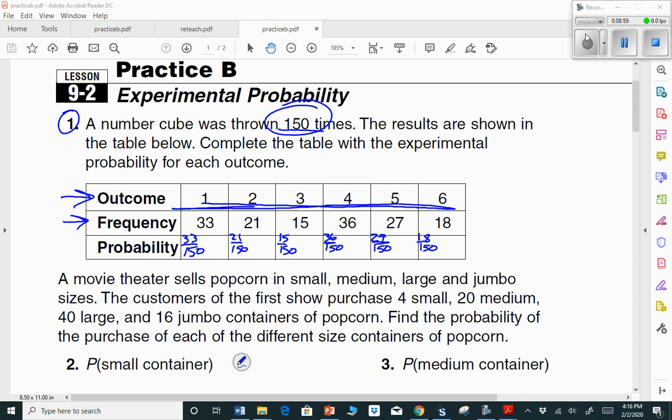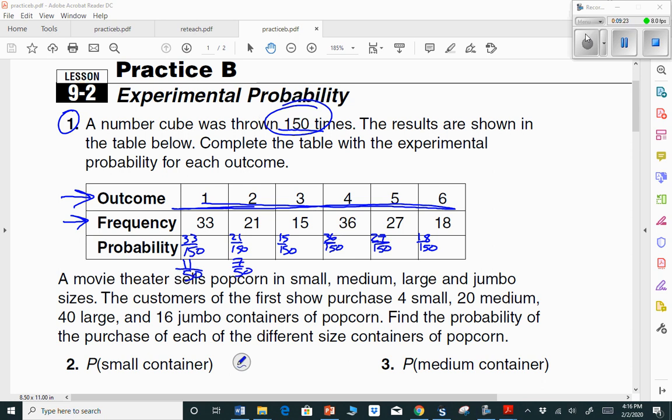Let's try that again. 33 fraction key 150 equals 11 over 50. Clear that out. 21 fraction key 150 equals 7 over 50.